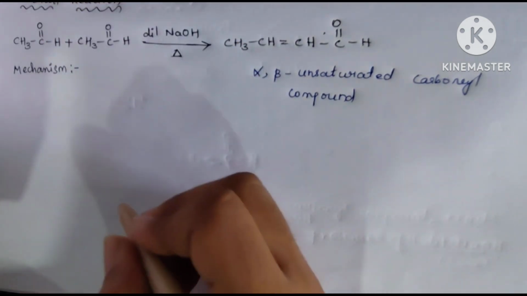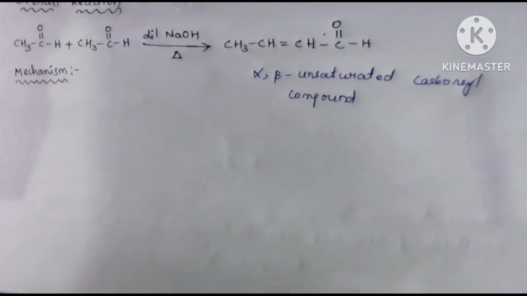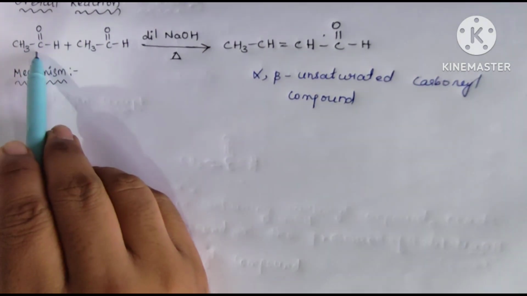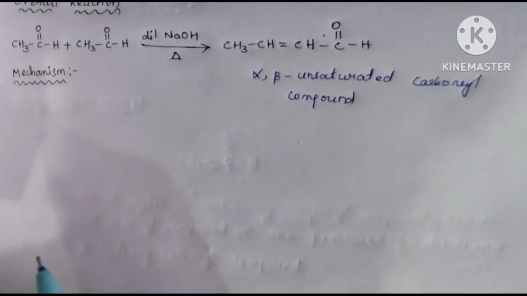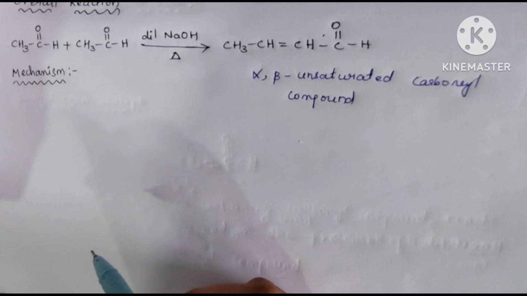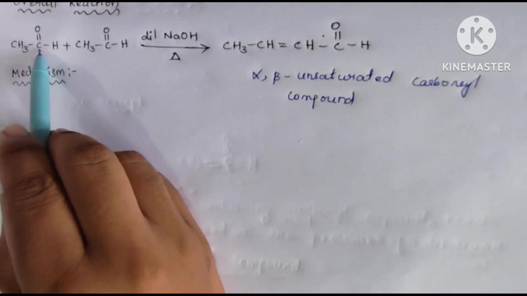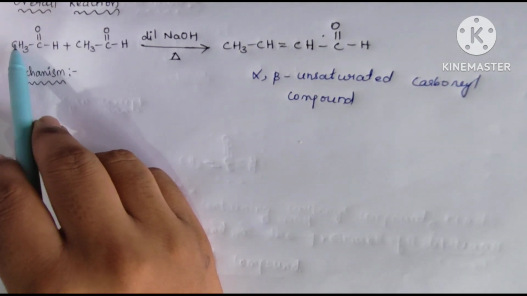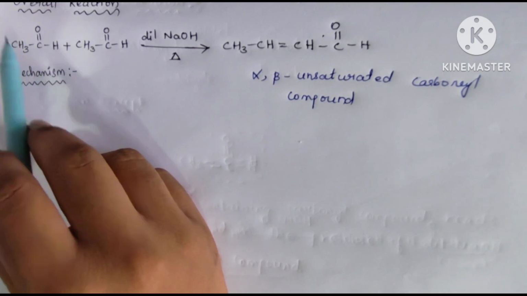So what is the mechanism? In the first step, the first carbonyl compound reacts with base. Here, as I said before, the alpha hydrogen concept applies: the carbon next to the carbonyl carbon is the alpha carbon, and it has alpha hydrogens.